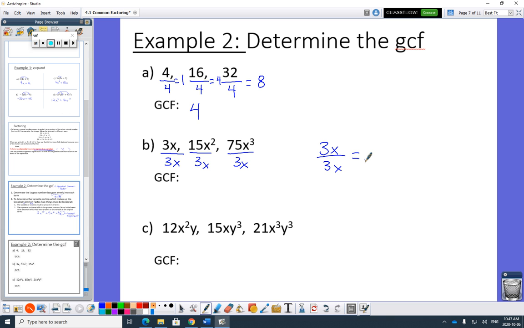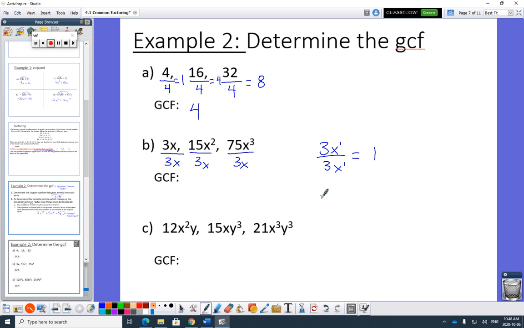You can think of this a few ways. If you like to think of things canceling out when they're exactly the same, you can do that. 3x and 3x are exactly the same. When you divide anything by itself, what do you get? 1. Or you can do 3 divided by 3. That's 1.